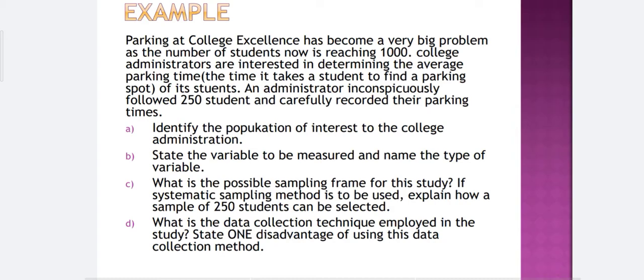Okay. C. What is a possible sampling frame for this study? If systematic sampling method is to be used, explain how a sample of 250 students can be selected. So first question, what is the sampling frame for this study? What do you think?